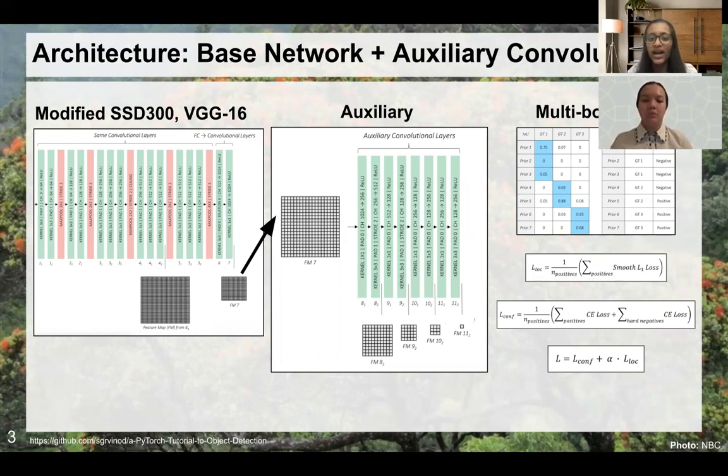In addition, we have auxiliary convolutional layers, and finally, we have a set of prediction convolutional layers. We use feature maps outputted from the baseline VGG16 network, pass those into the auxiliary convolutional layers, and then use feature maps from the auxiliary layers to run our final prediction layers. We also use a multi-box loss that consists of a localization component and a confidence component.